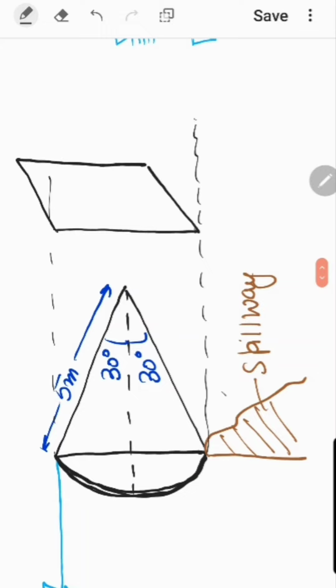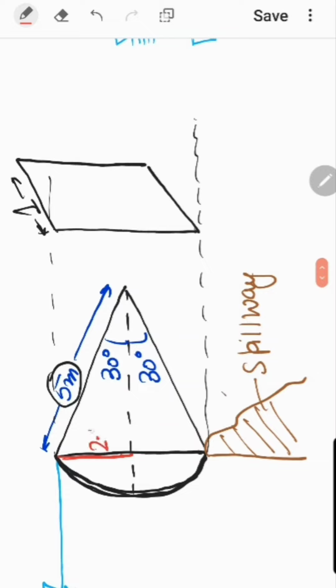Now per unit width you have to find the answer. So the width of the gate, let us take it to be 1 meter, and this length is given as 5 meter, and this angle is given as 30 degree. So from trigonometric relations you can find this, so this will be 5 sine 30 degree, and when you calculate it is going to be 2.5 meter.